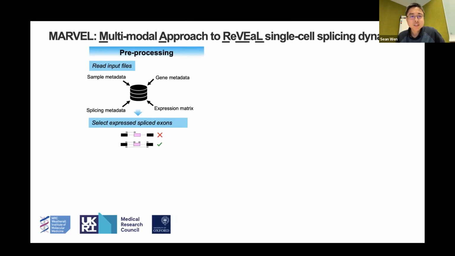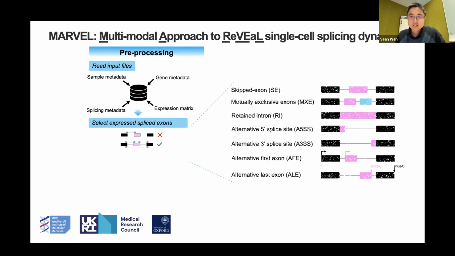The first part is to identify the alternative splicing events that are actually supported by sufficient sequencing reads. For example, you will see that this is an alternative splicing event that is only supported by one read, whereas on the second panel, you will see a very confident alternative splicing event that is supported by many reads, suggesting it is a true splicing event that is expressed in your data set.